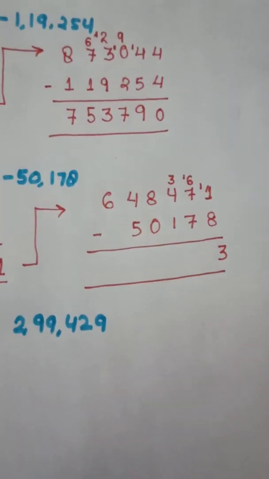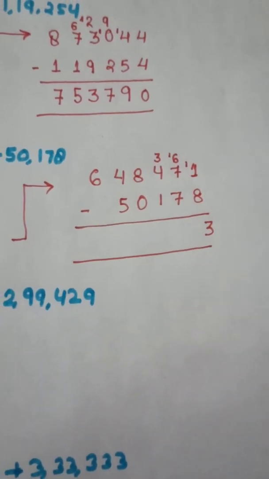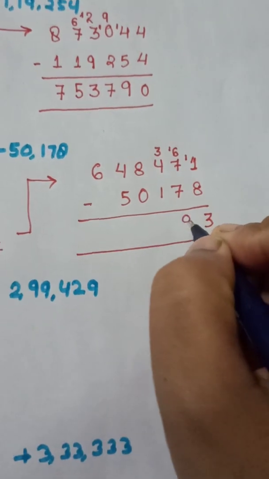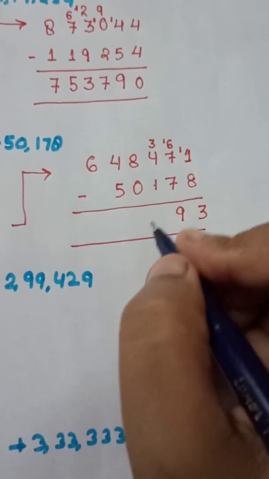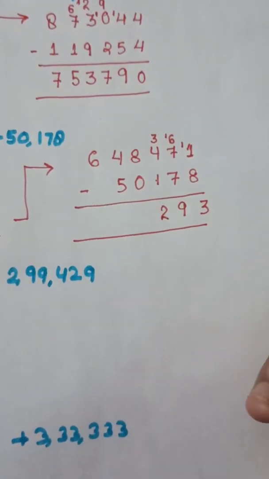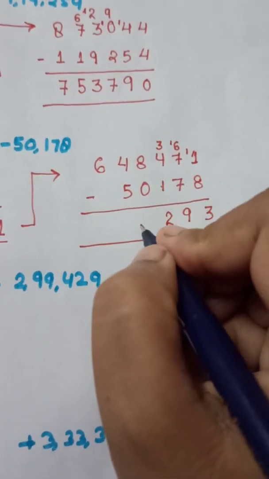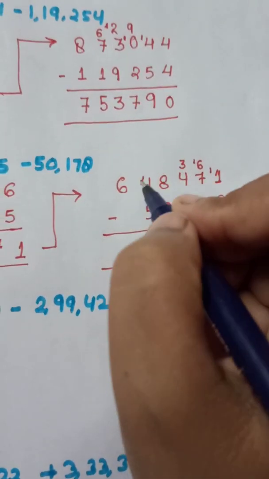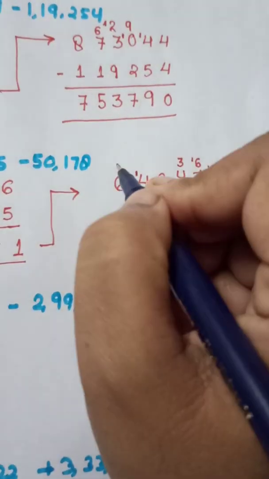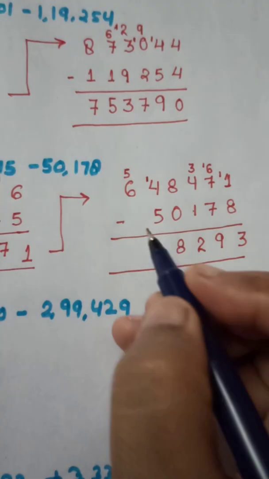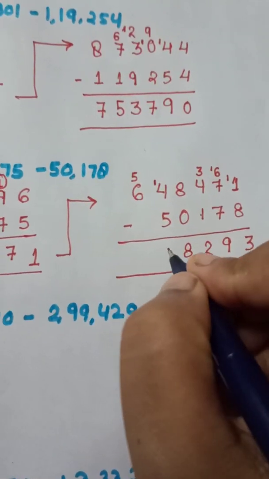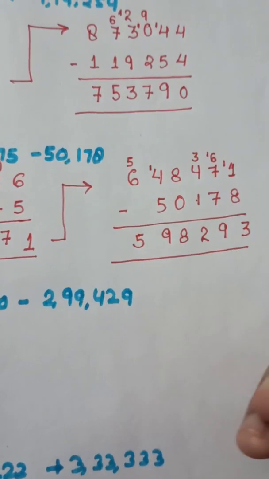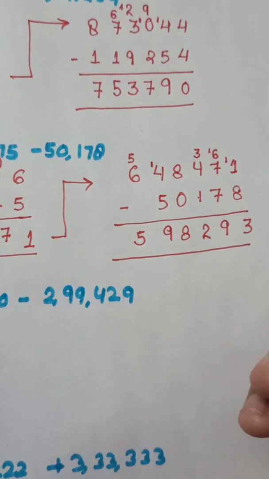Now 7 subtracted from 16 will give us 9. Okay. Now 1 subtracted from 3, 2. 0 subtracted from 8, 8. Take one borrow again and it will be left with 5. Now 5 subtracted from 14 will give us 9 and 5 we will write here as it is.